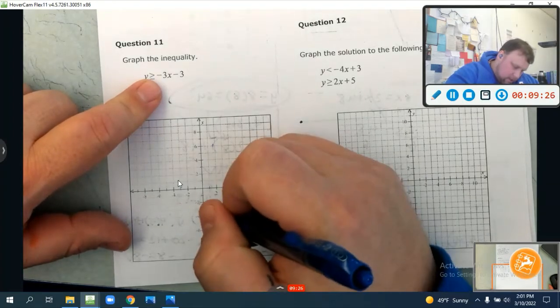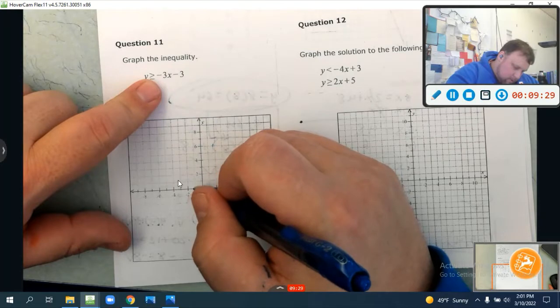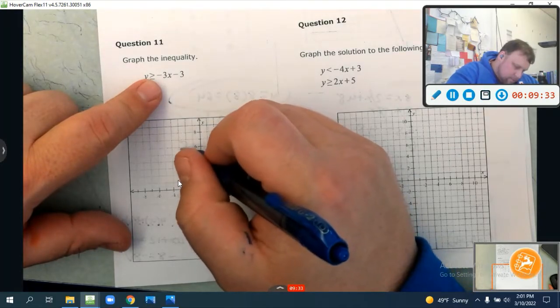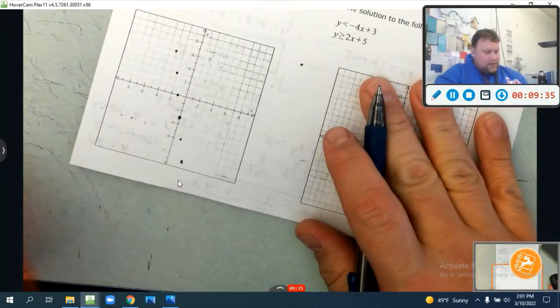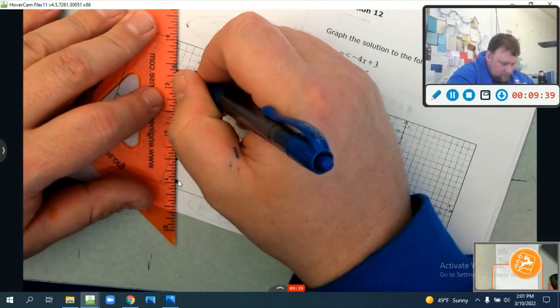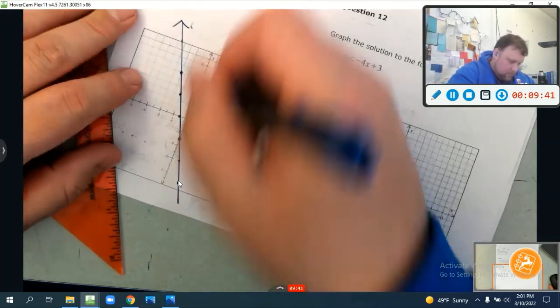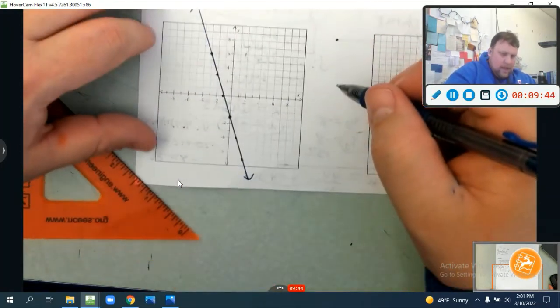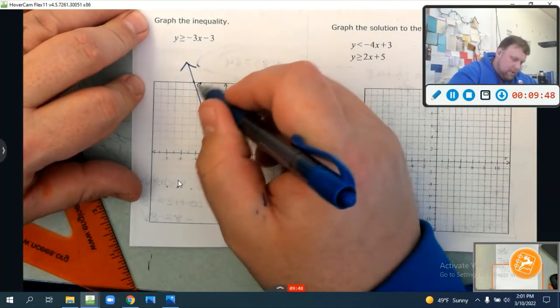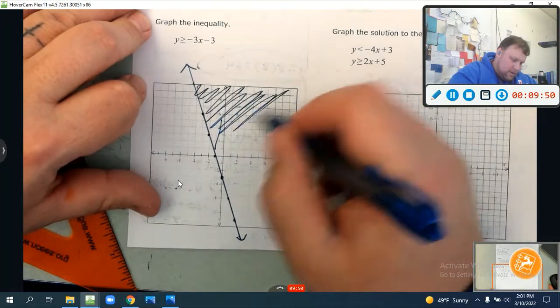You know I like to stair step myself. And it's a solid line because it's or equal to. And then last, it says greater than or equal to, so pen or pencil on the line, shade up, boom, that's this direction.